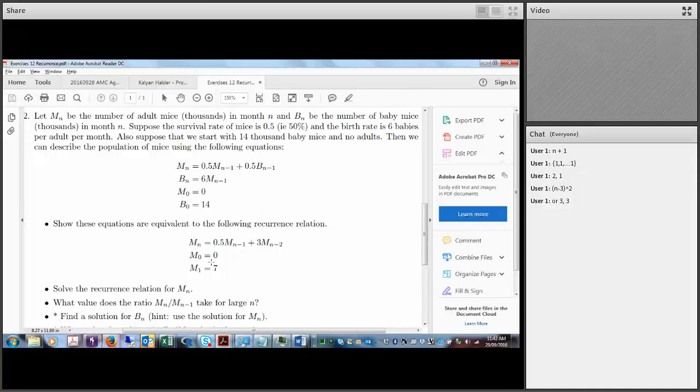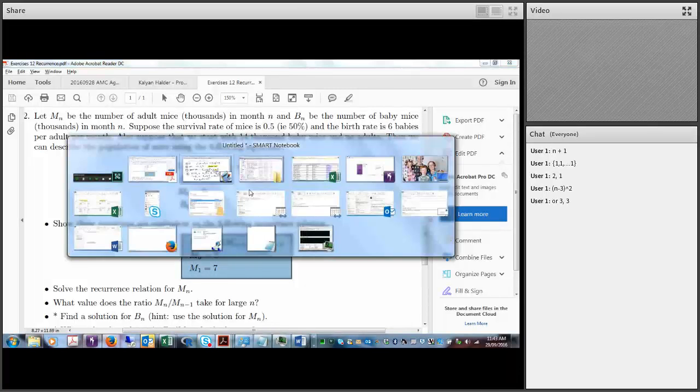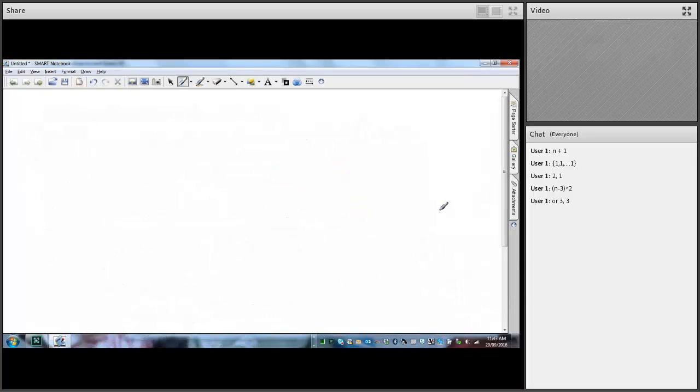So M_1 is given by this formula, which is a half: the number of adult mice after one month is half what it was in the 0th month. So half of 0 is nothing, plus a half times the number of babies in the previous month, so half of 14. Half of 0 plus half of 14 gives you a total of 7. So substituting in gives you an initial condition. We also want to get the number of adult mice in terms of just adult mice, without any babies in there. So you get this second equation.